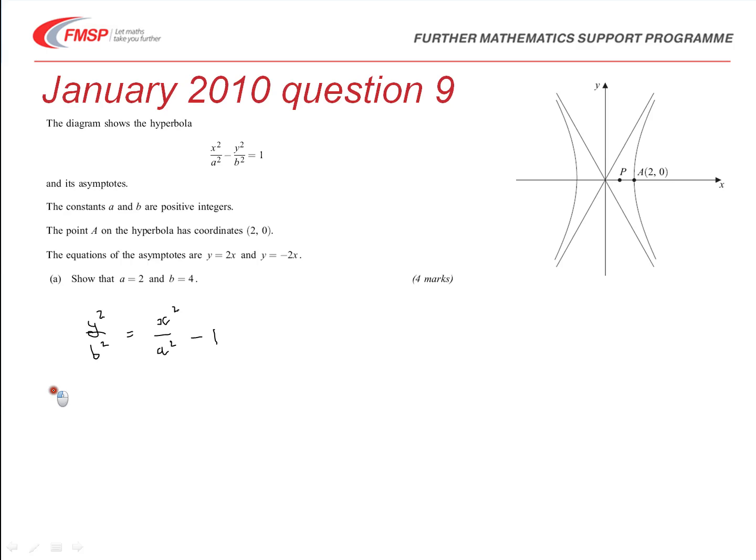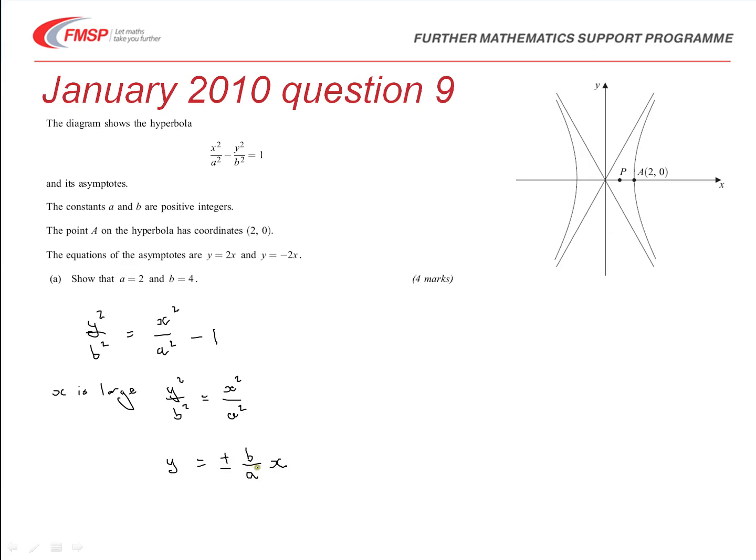So if x is large, we can say that y squared over b squared is approximately equal to x squared over a squared, which if we then rearrange and square root, we can say that y will be equal to plus or minus b over a, lots of x.